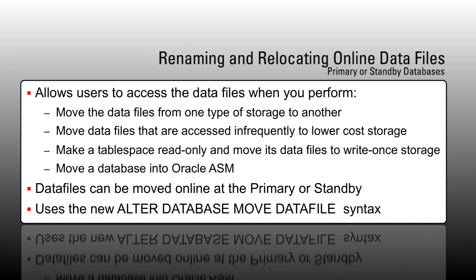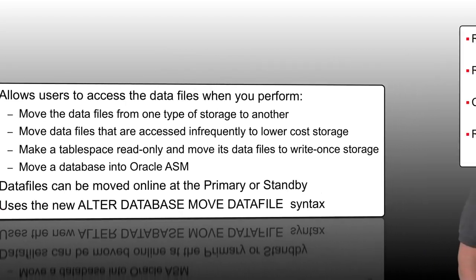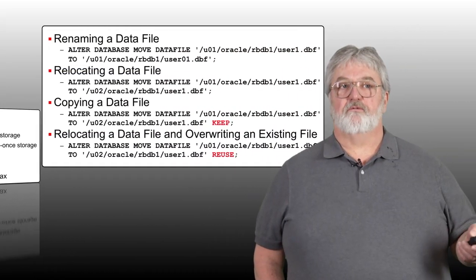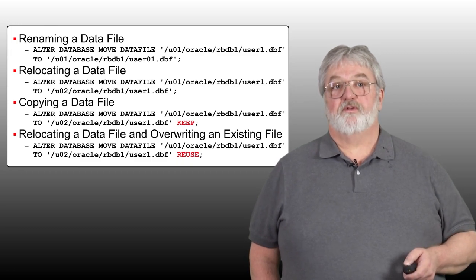So now you'll be able to say, I need to move a particular data file from one disk group in ASM to another disk group which has newer storage, or I need to move it outside of ASM because you're not using ASM at this point. That's fine, but you can do that online. So if you look at some of the quick commands here, renaming a data file, just alter database, move data file.